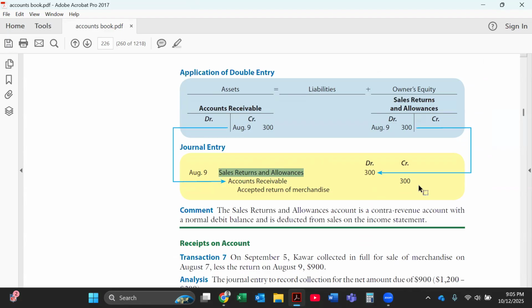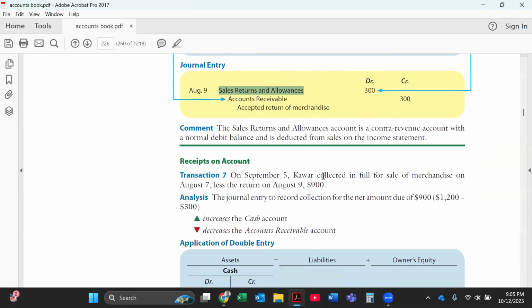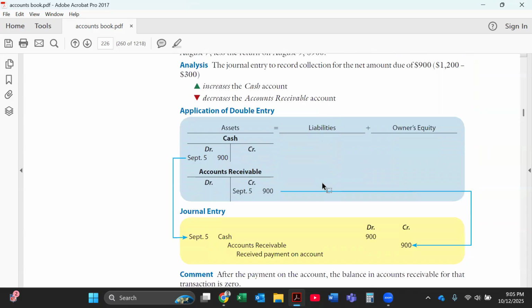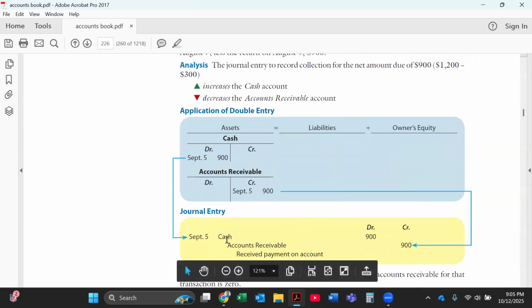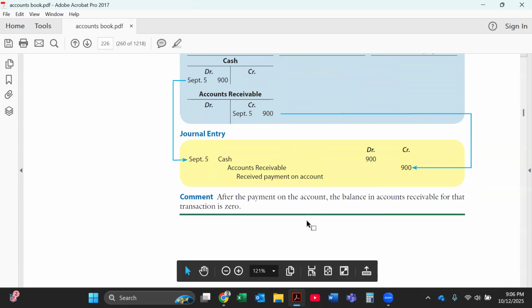As you can see here, compared to the perpetual method, that has not changed either. Nothing has changed with the entry itself other than I'm not putting that inventory back into the merchandise inventory account. Receipt on account is the same concept. Again, cash, accounts receivable, nothing has changed compared to the perpetual method.